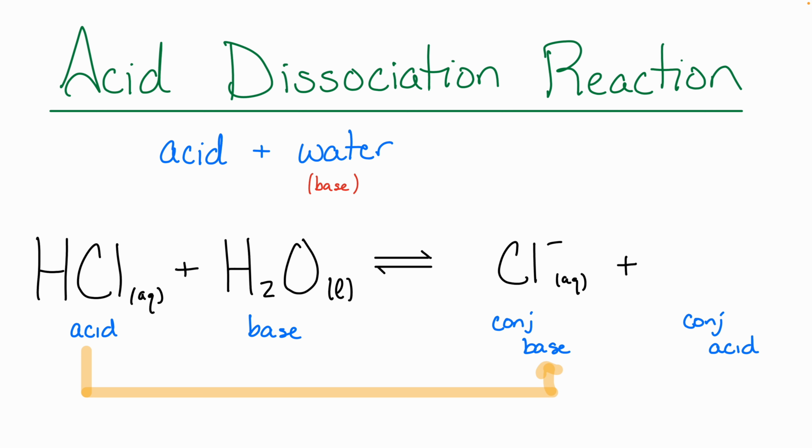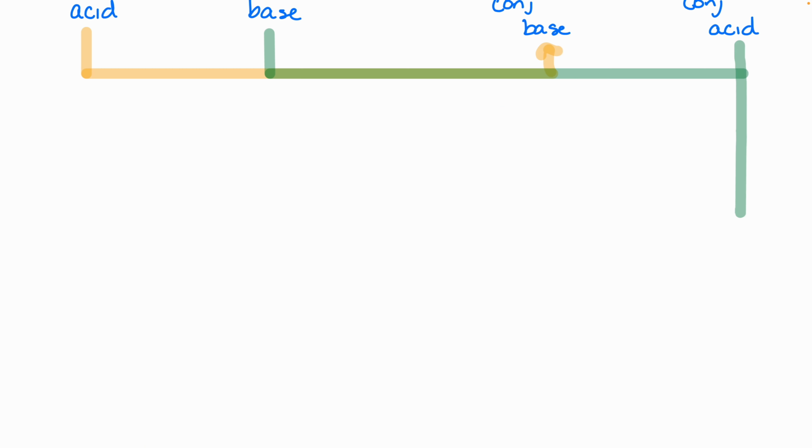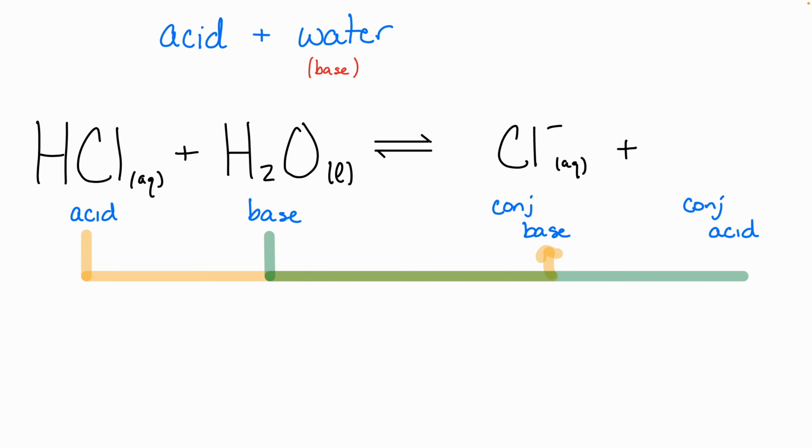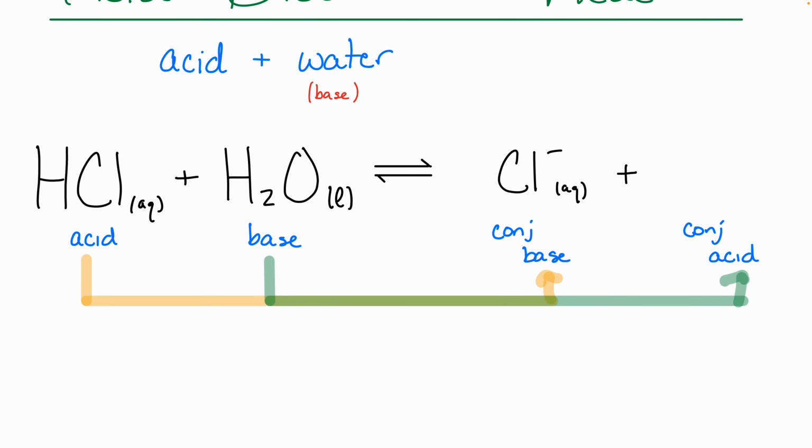In order to get my conjugate acid, I look at my base formula here. And because that base is water, what is my conjugate acid? Hydronium. I'm increasing my hydrogens by 1, increasing the charge by 1. All right.